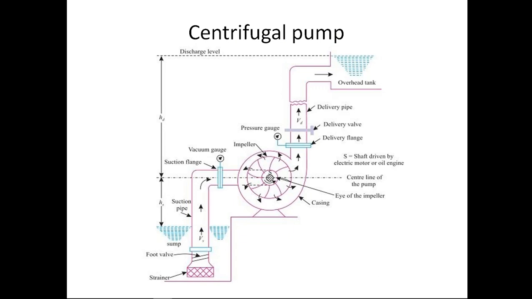This is a diagram of a centrifugal pump. From this diagram we can see the different parts of the centrifugal pump. We can see casing, impeller, eye of impeller, suction pipe, discharge pipe, sump, overhead tank, etc.